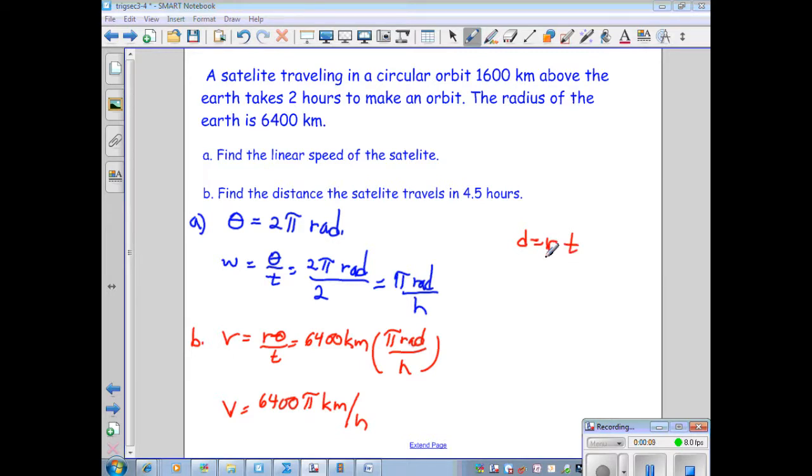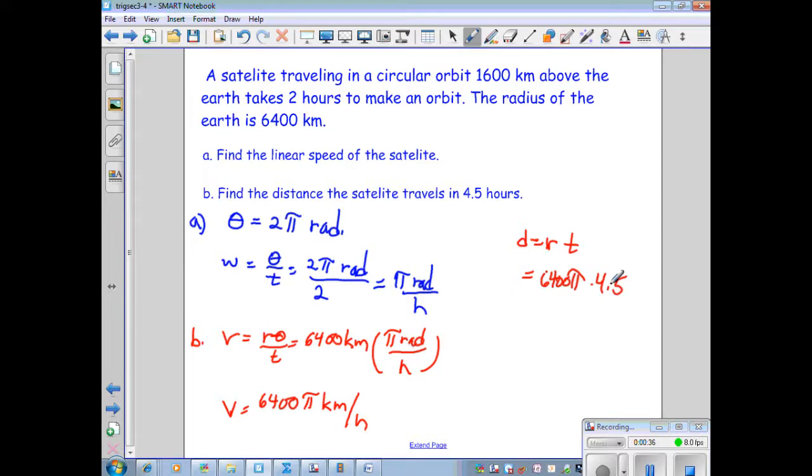Here, our rate is the velocity that we just determined. So all we need to do is substitute in our values for velocity, or r, and our time t, which in part B, they want us to have 4.5 hours. So our rate or velocity we already determined to be 6,400 pi kilometers per hour times our hours, which is 4.5 hours.